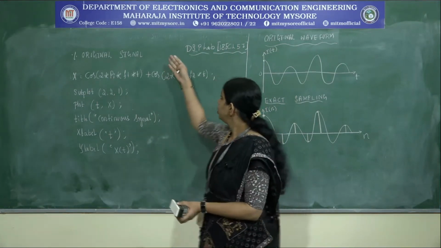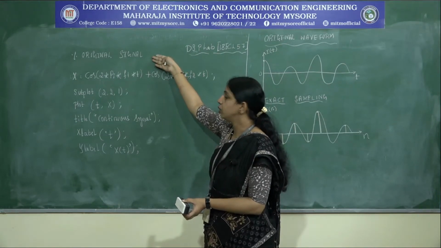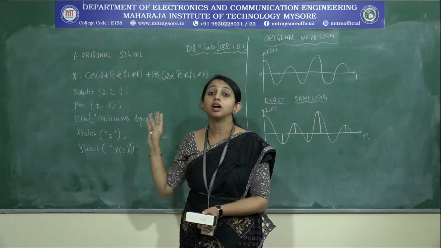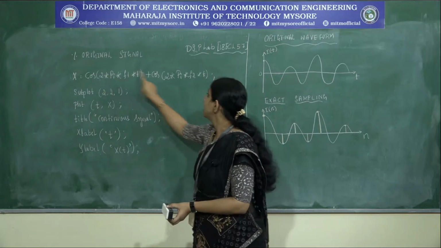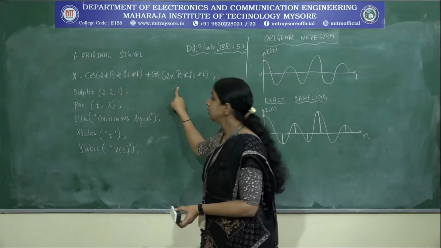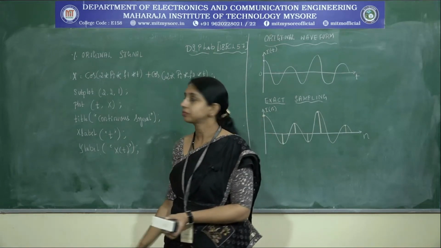Now, in order to plot an original signal, as I told you, I am considering two cosine waves. That is a composition of two cosine waves, cos plus cos. These two signals will result in a random signal.